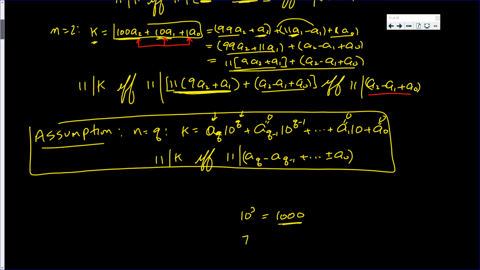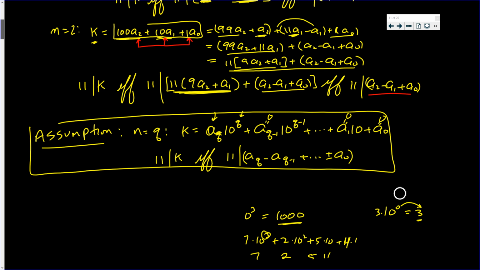In other words, it might be 7 times 10 cubed plus 2 times 10 squared plus 5 times 10 plus 4 times 1, which is 7,254. If the highest power is 3, you have 4 digits. Why? Because when the power is 0, like 3 times 10 to the 0, that's 3. It has 1 digit, but the power is 0. It has 1 more digit than the highest power.